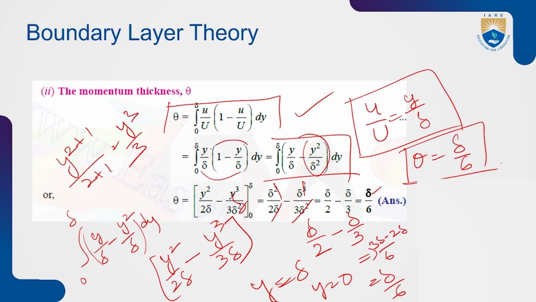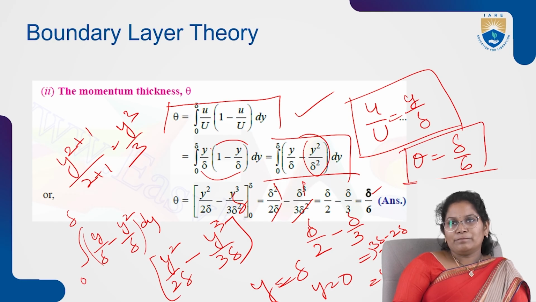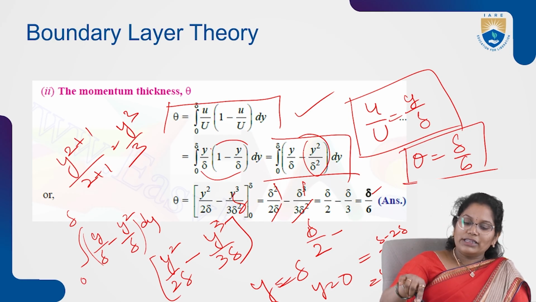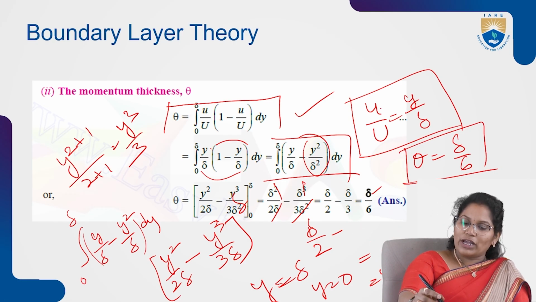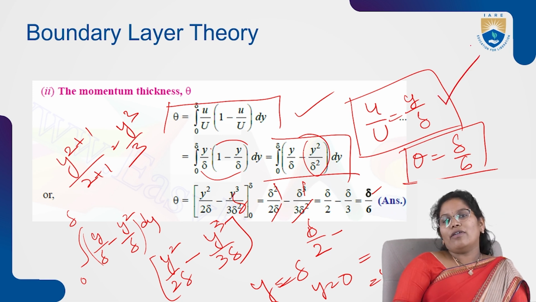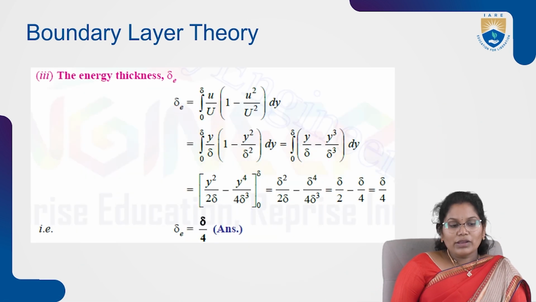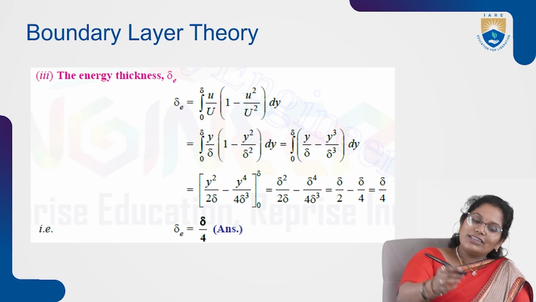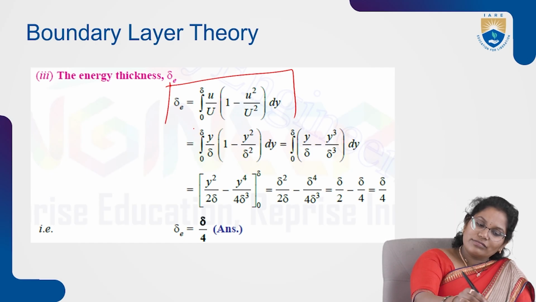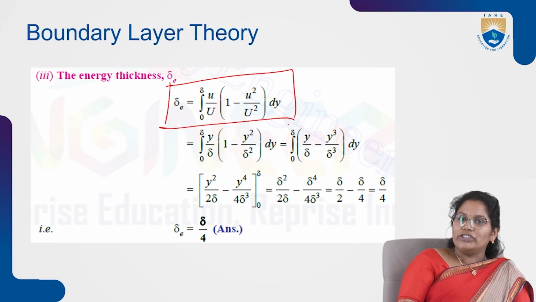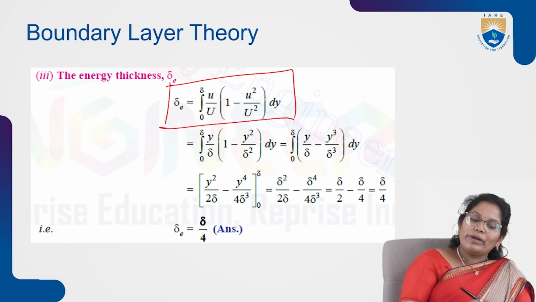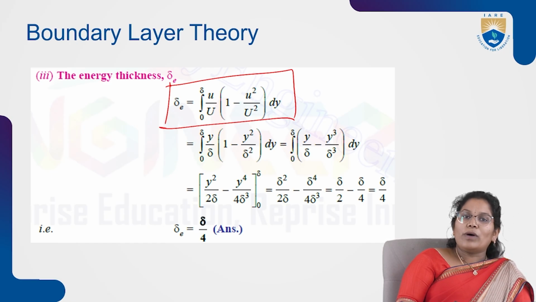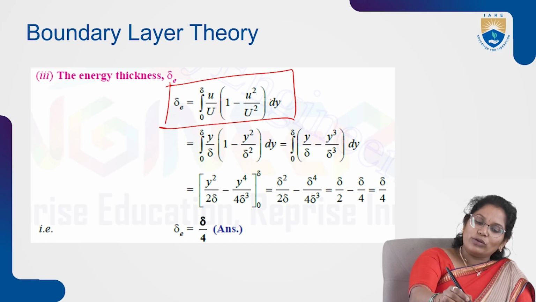This is the momentum thickness for u by capital U equal to y by delta. Next is the energy thickness. The equation for energy thickness is the integration from 0 to delta of small u by capital U into 1 minus u square by capital U square, into dy.